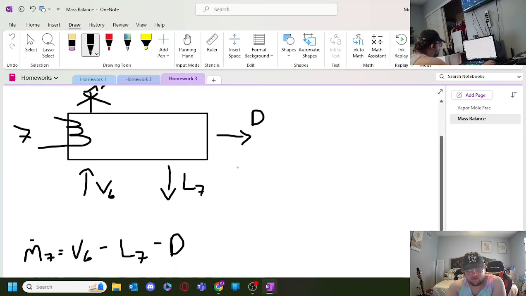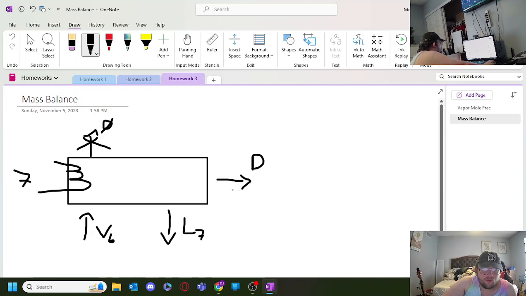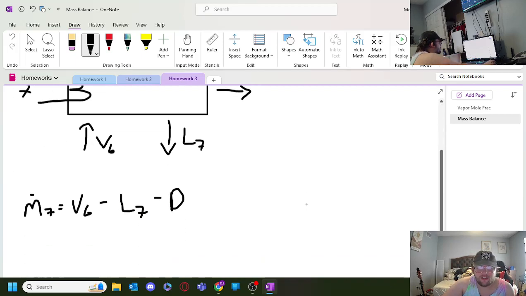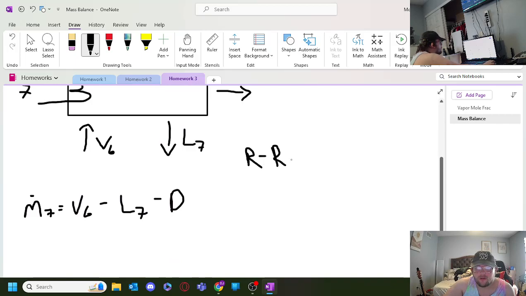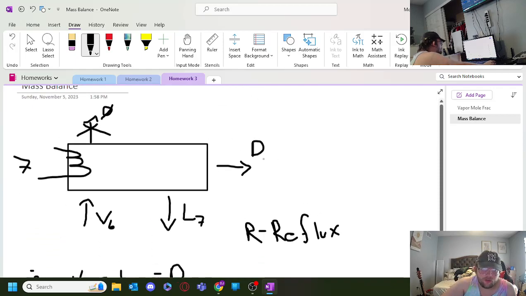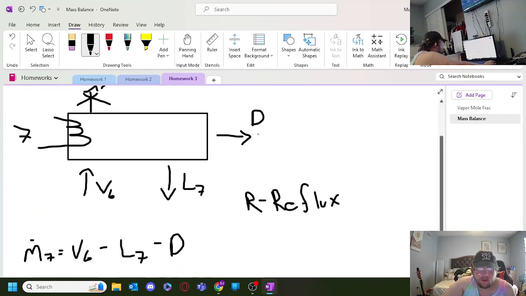Now, remember, with distillation towers, we got something called a reflux. So what reflux does is it controls the ratio at which distillate leaves the tower.